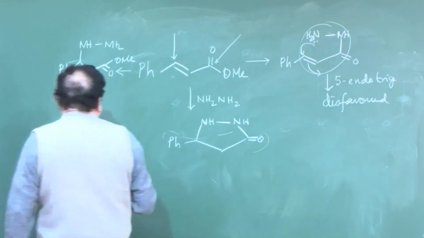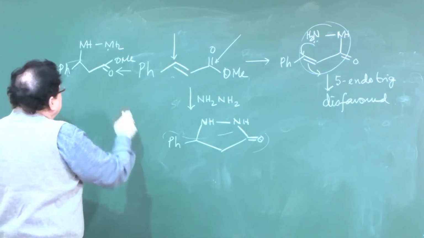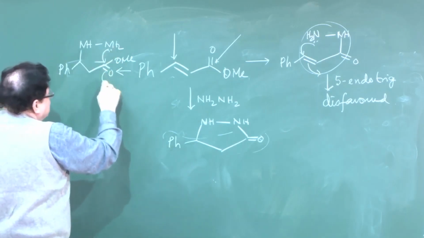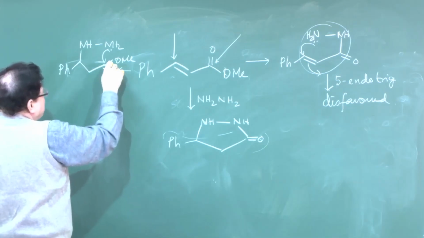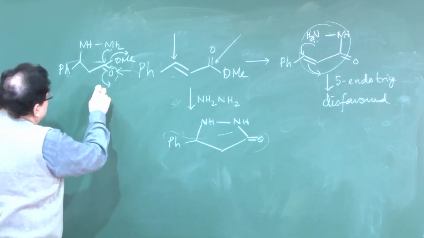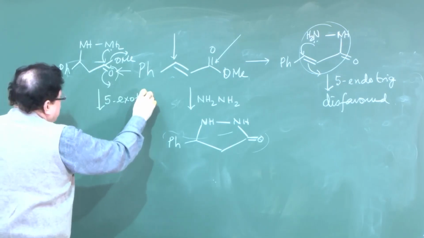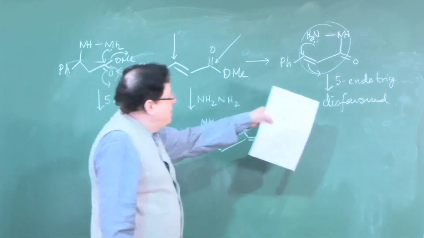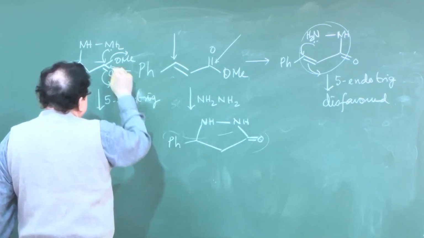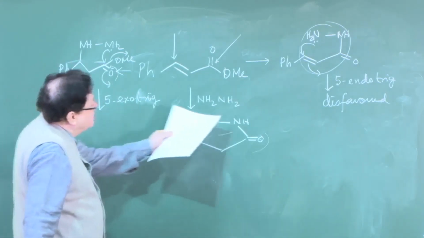On the other hand, if the attack has first taken place here, then the nitrogen attacks here, first this goes up and then it comes back and the OMe leaves. So, basically this is a 5 exo-trig process, sorry, not tet, trig, extremely sorry, this is a trigonal carbon. So, one is 5 exo-trig, another is 5 endo-trig.